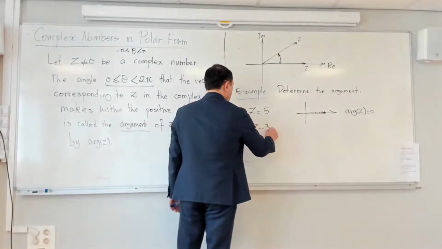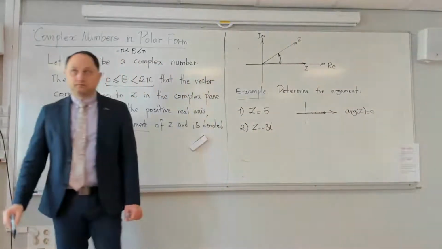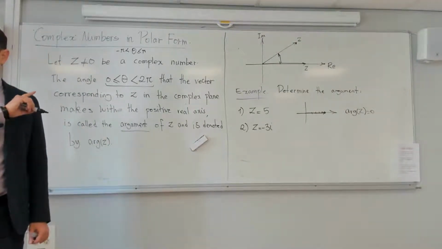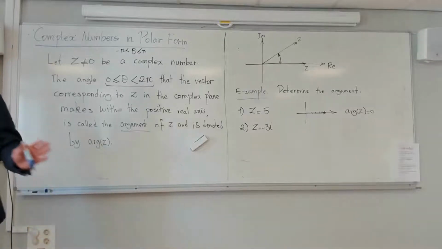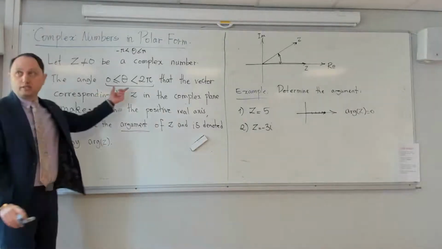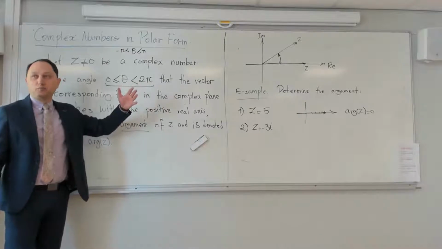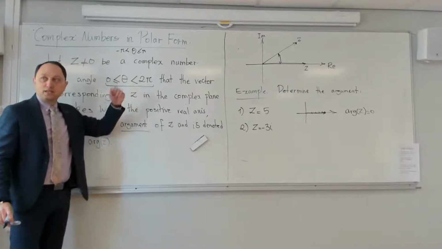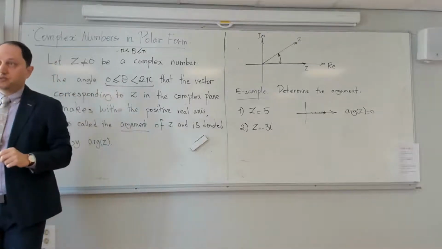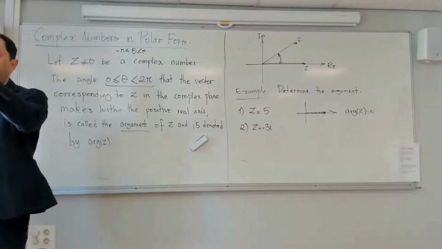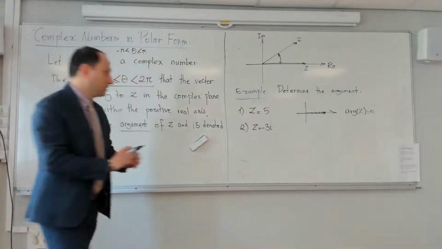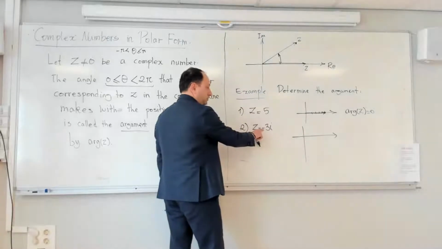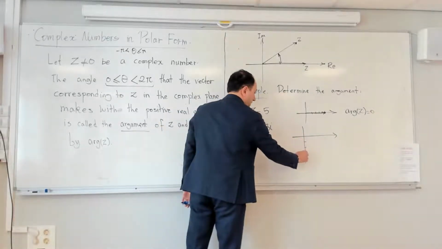So what do you think about this scenario? Z is equal to minus 3i. No. You need to also respect the convention. So it is important. So in all this book, we stick to this convention. So it means that if I ask you about the argument, you need to respect the convention. But first of all, you cannot say pi over 2. If you want to say something, you should say minus pi over 2. Yes? Because minus 3i on the complex plane, 1, 2, 3, here is negative 3.